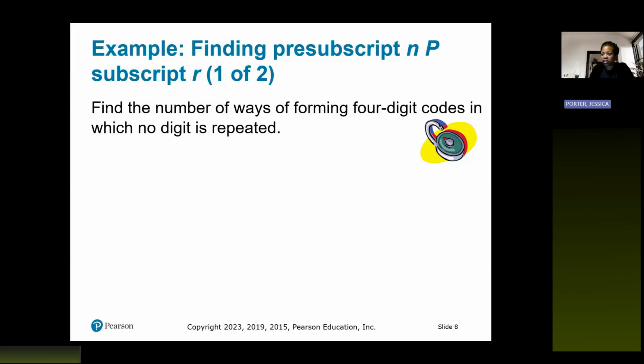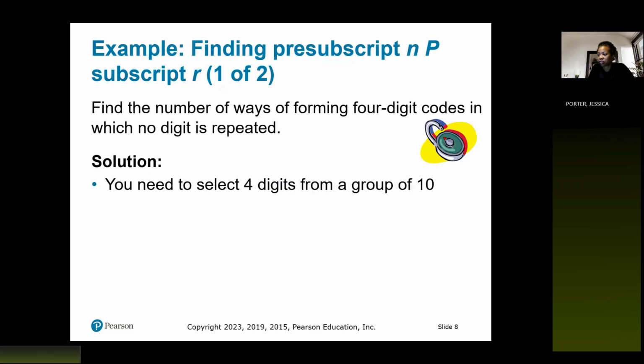All right, so here's a question. Find the number of ways of forming 4-digit codes in which no digit is repeated. Well, 4-digit codes, 0 to 9, that's 10 digits. So n is 10, and 4 at a time is r.